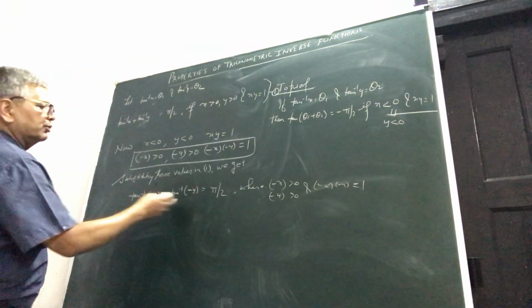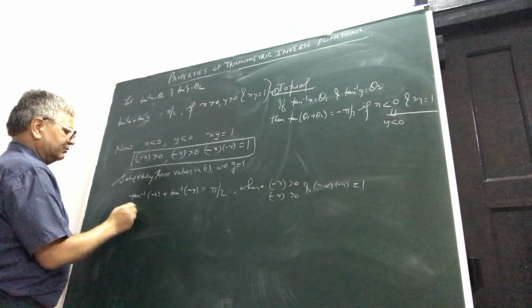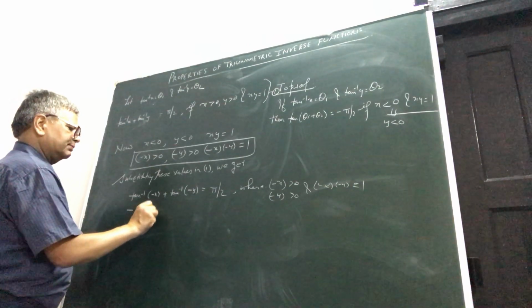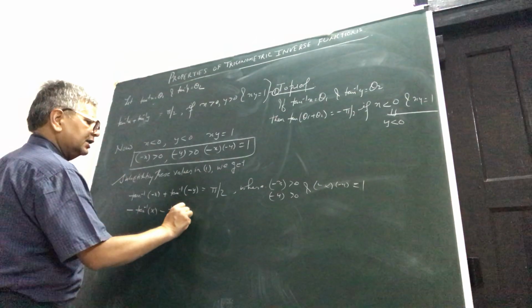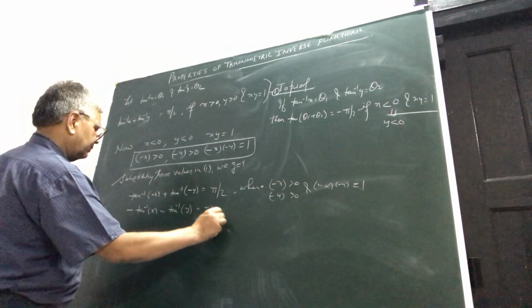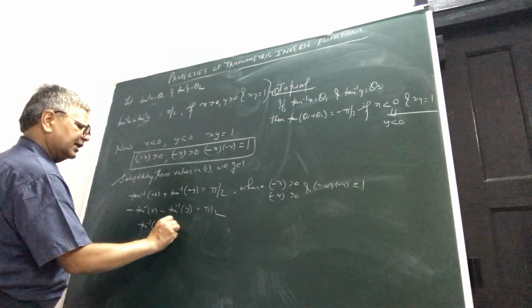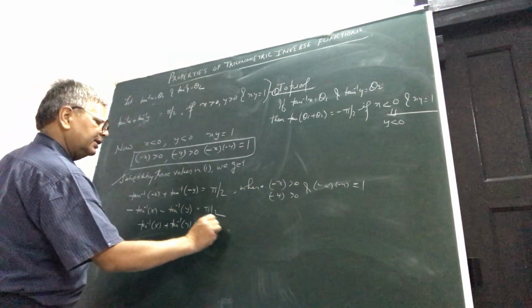So here see what you get. Using the property tan inverse minus x is minus tan inverse x, what you get? Minus tan inverse x plus minus tan inverse y is equal to pi by 2. Multiplying this equation throughout with minus sign, what we will get? Tan inverse x plus tan inverse y is equal to minus pi by 2.